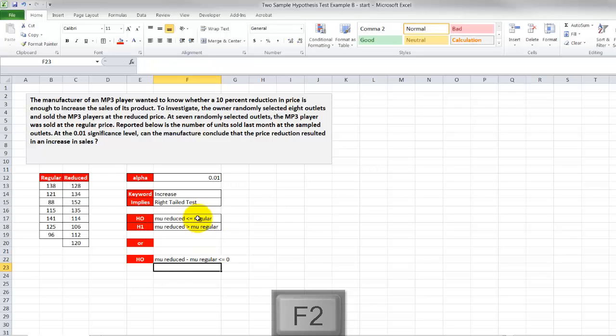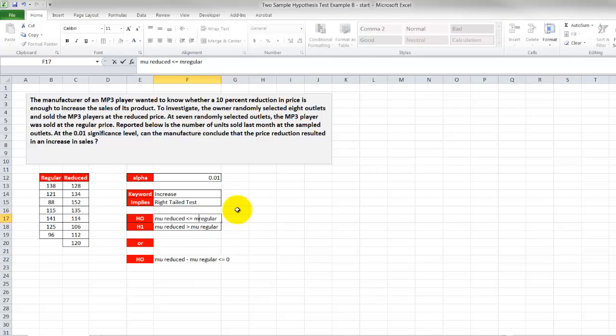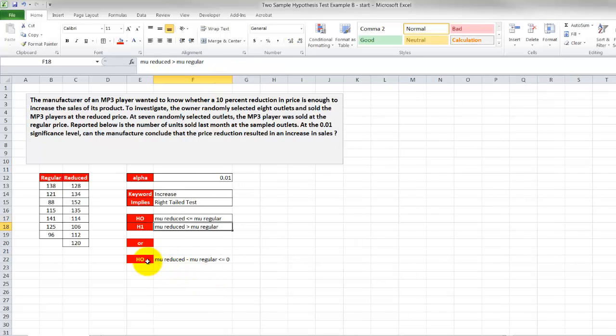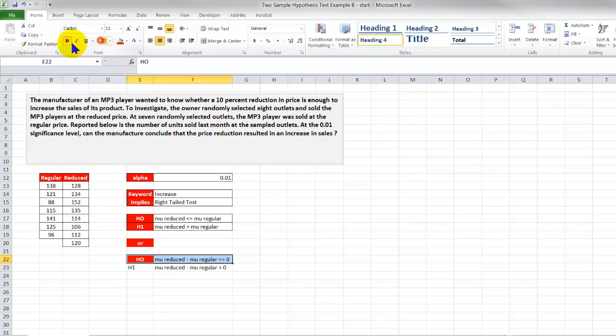It looks like I didn't put mu here, so let me backtrack just a second. Okay, so if that is the null, let's write the alternative. H1: mu reduced minus mu regular is greater than 0. So we can write this either way. I actually prefer the second way.